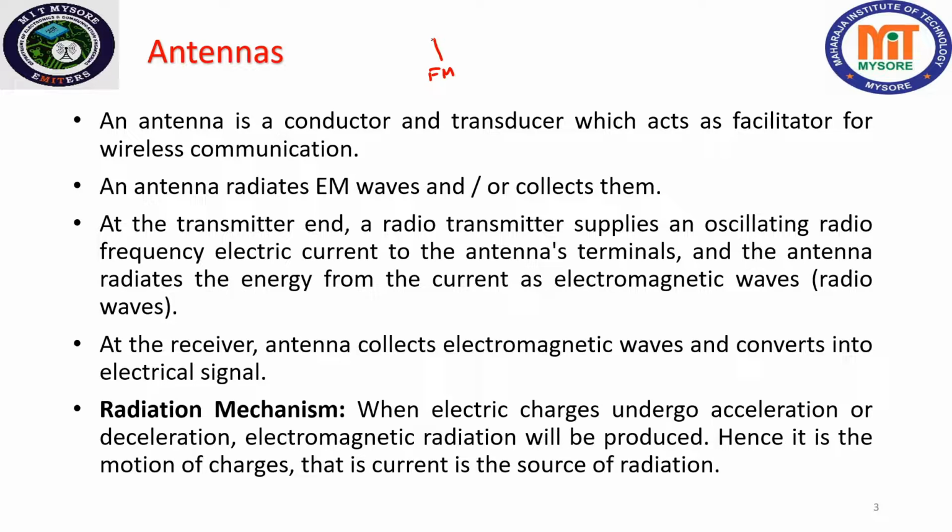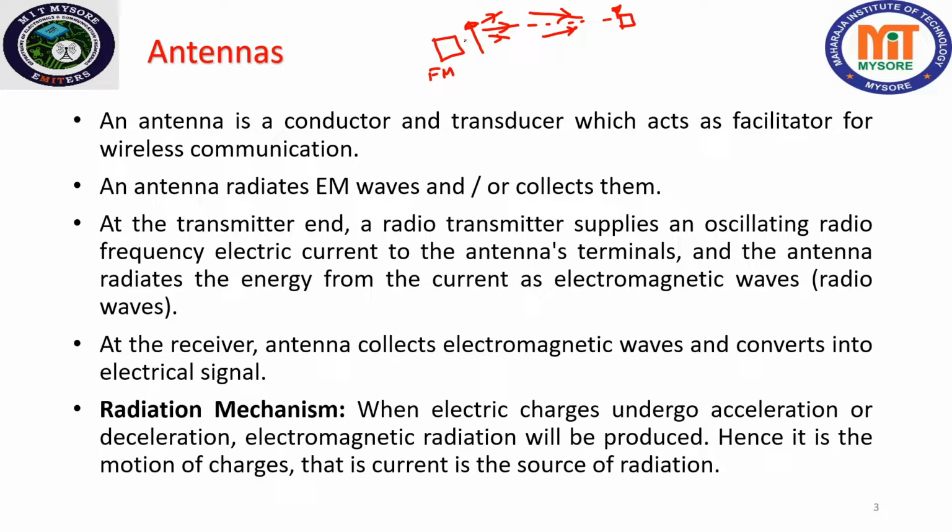There is an FM radio station which will have a large antenna which will broadcast the signals, and you will be having a radio set which will receive these signals. Correct? So here this radio set will also have an antenna which is called the receiver antenna, whereas the FM station is having an antenna called the transmitter antenna.